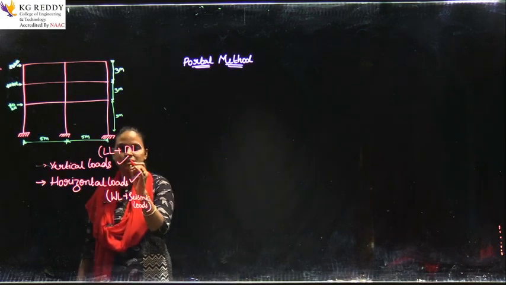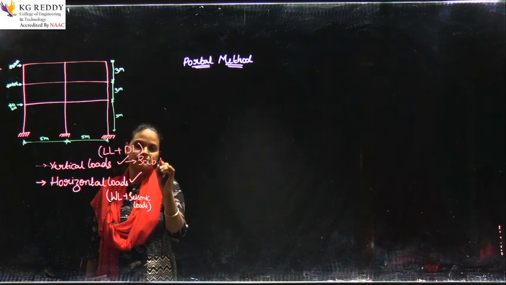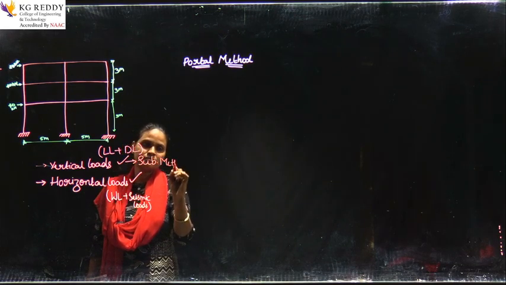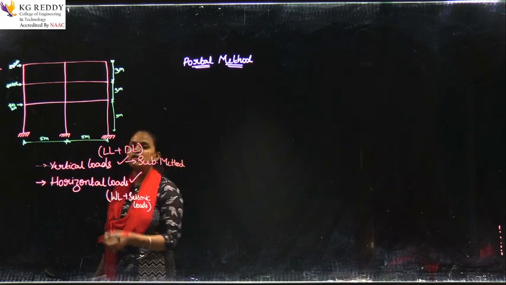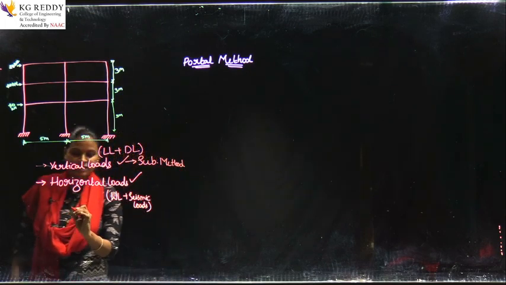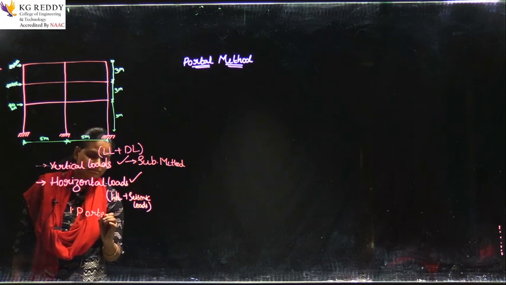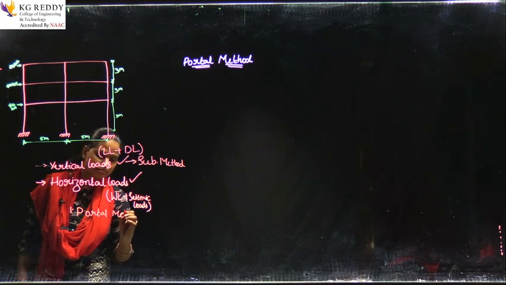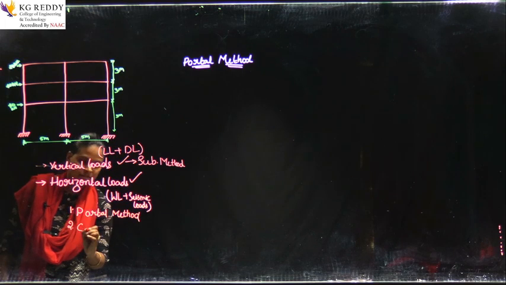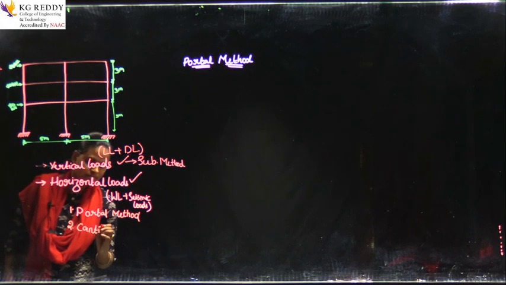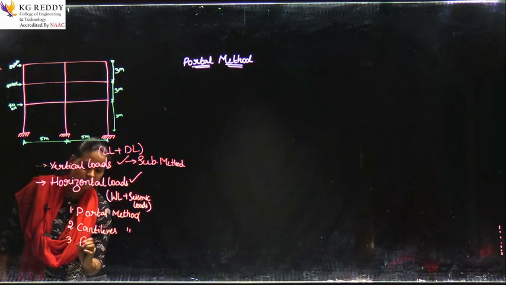For the vertical loads, we have the substitution method for the analysis of a frame. Whereas for the horizontal loads, you have three different methods. They are the portal method, the second one is the cantilever method, and the third one is the factor method.